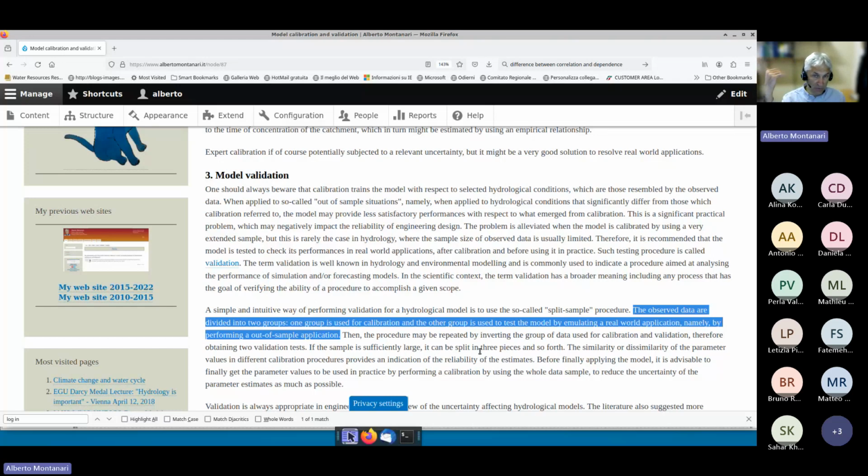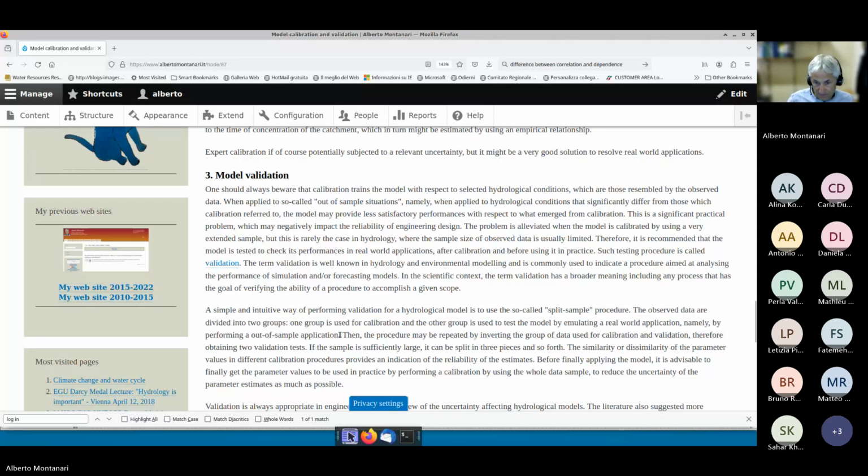Still, if we want to use validation, this is an obvious procedure. Then the procedure may be repeated by inverting the group of data used for calibration and validation, therefore obtaining two validation tests. If the sample is sufficiently large, it can be split in three pieces, and so forth.